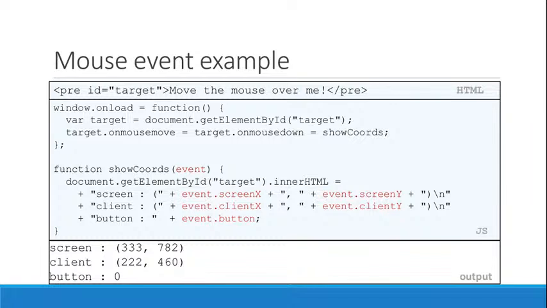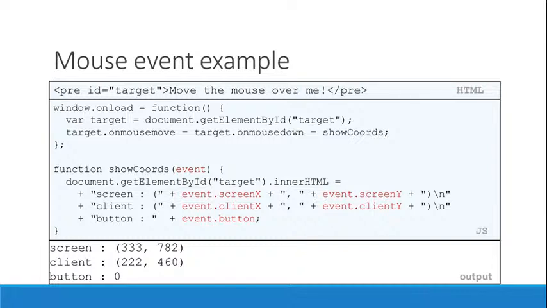So here is an example of a mouse event. We have HTML with the ID target, with the text "move the mouse over me". This JavaScript gets initialized when the window gets loaded.